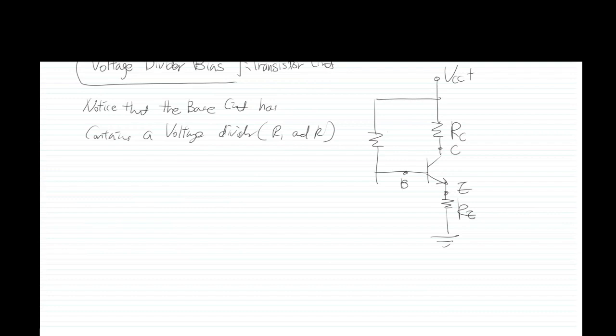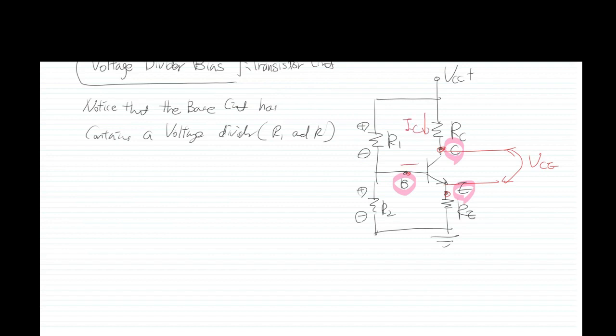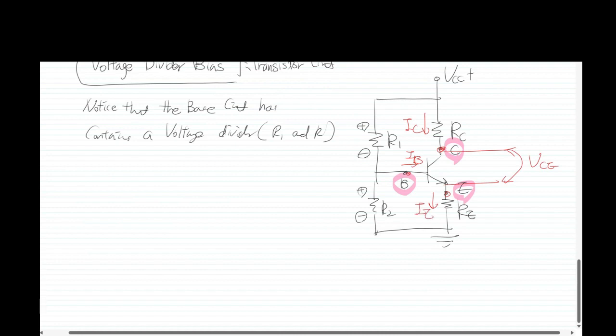This is R sub 1 with the plus-minus voltage drop here. This is R sub 2 with the voltage drop here. Okay, so that was base, collector, and emitter, and V sub CE, I sub C, I sub B, I sub E here.